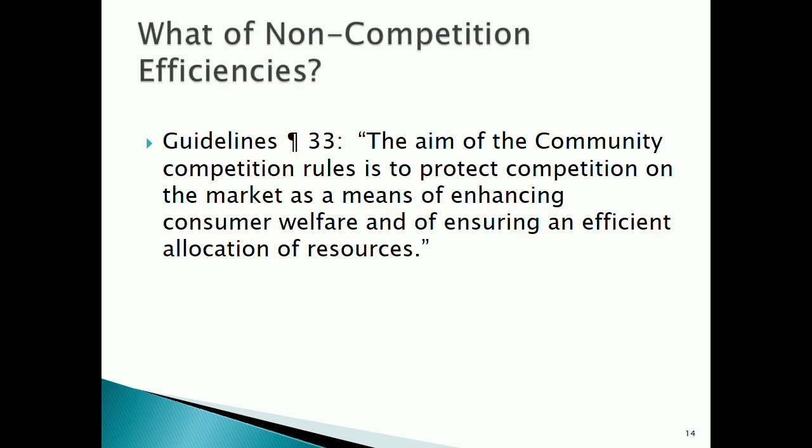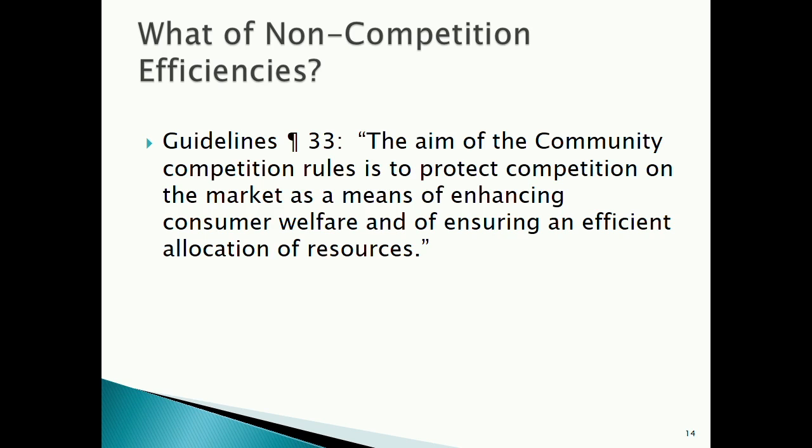What about non-competition efficiencies? A cleaner environment, more people employed, for instance. Guidelines 33 seems to rule this out. The aim of the competition rules is competition in the market as a means of enhancing consumer welfare. Okay?